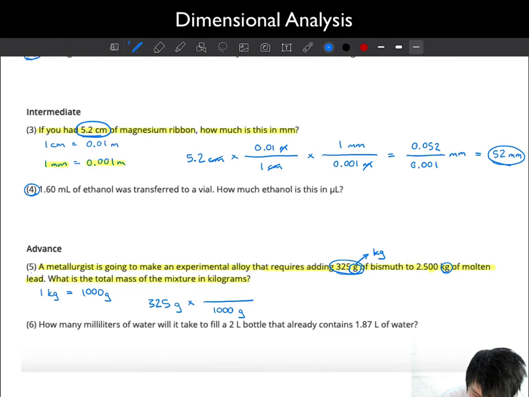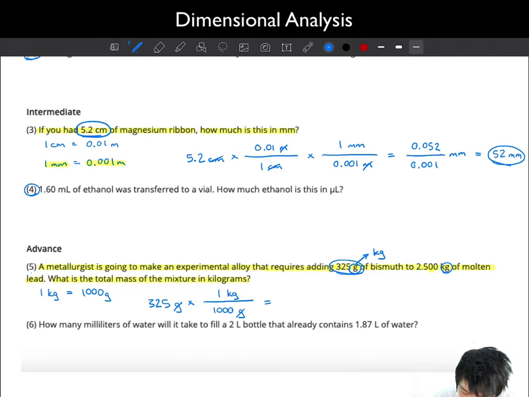And that means the thing that goes on the top of this conversion factor is the other part of the relationship, the 1 kilogram. We're going to go ahead and write 1 kilogram on top. The unit that cancels out in this work so far is grams and grams. We are left with kilograms, and that's what we wanted. We wanted to convert this bismuth to kilograms.